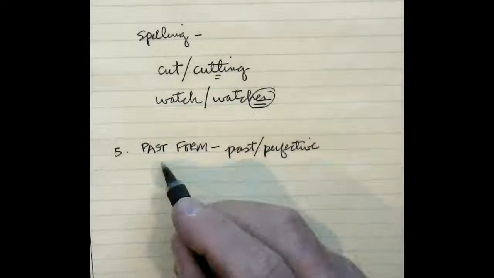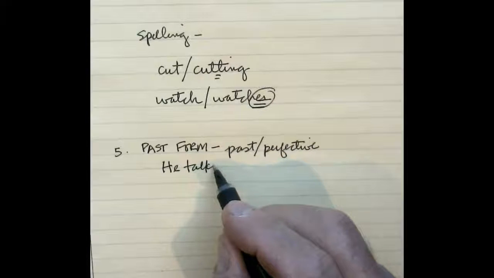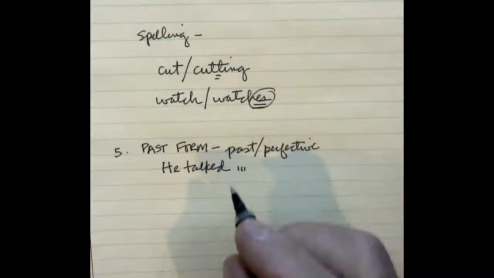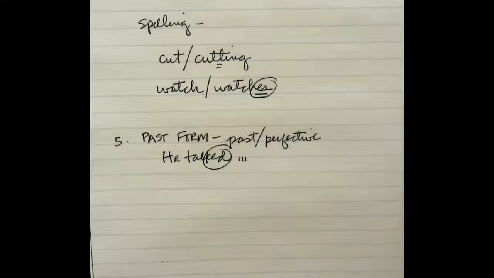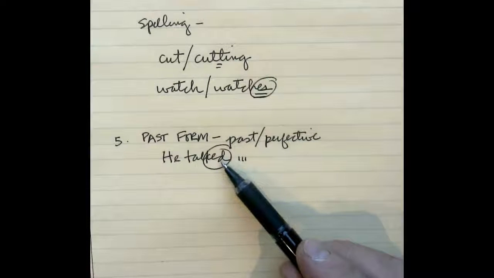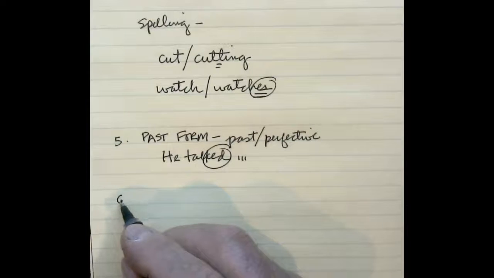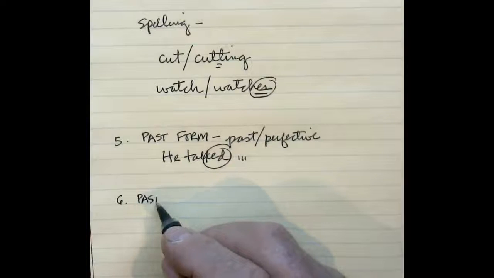For example, he talked on the phone last night. We can see the ed is the inflection that we add to this verb to signal the past. We also have a sixth form, and that's called the past participle.